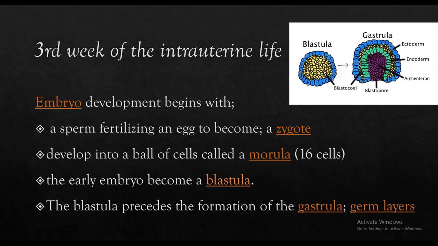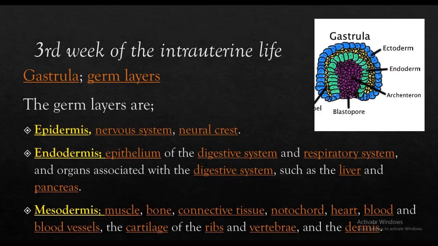The early embryo becomes a blastula that precedes the formation of the gastrula, in which the germ layers are present. The embryonic disc becomes a three-layer unit: ectoderm, endoderm, and mesoderm. These layers will form different parts of the body.